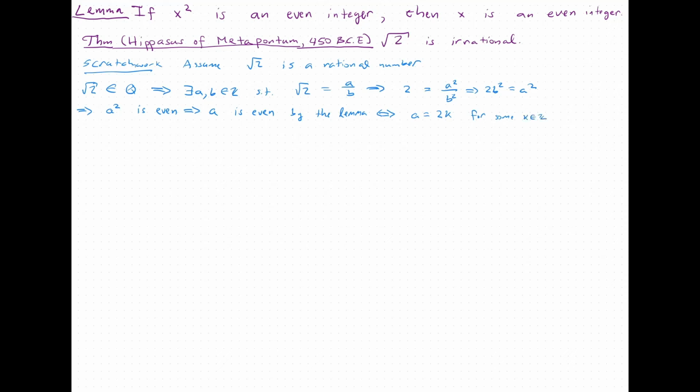But now, if we come back and plug in, we get 2b squared is equal to 4k squared.